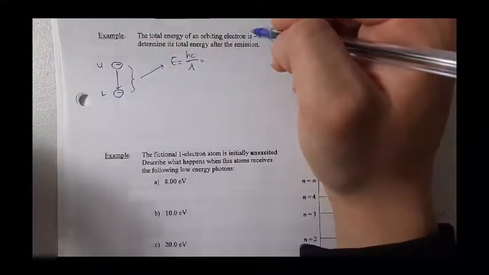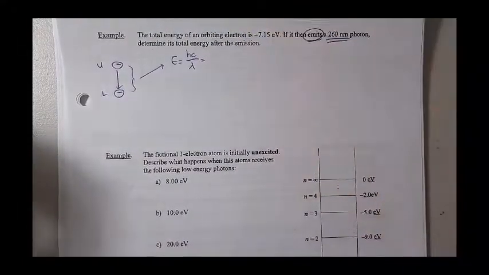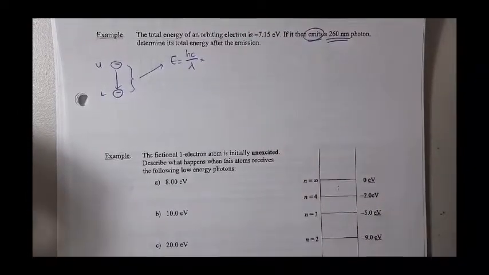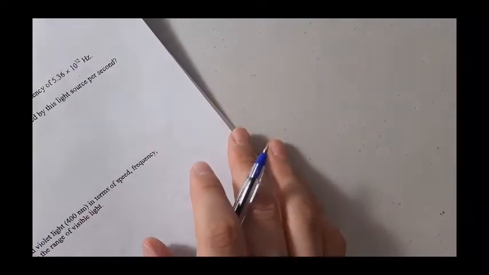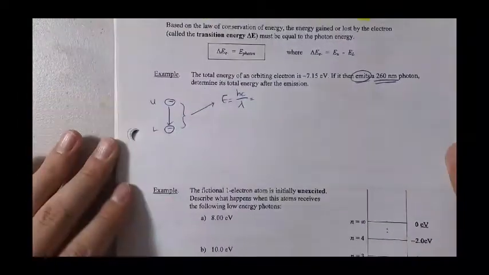I'm going to use the electronvolt value for h, which, oh, I forgot. I always go with 4.14 × 10^-15.